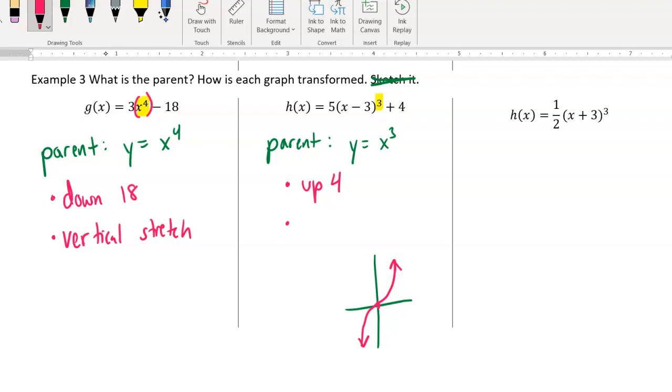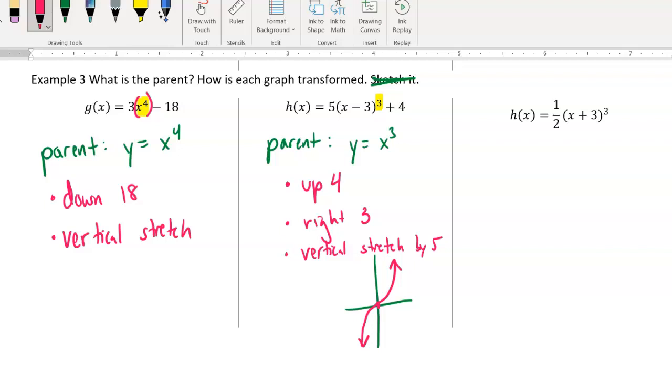Even though your brain wants to think that minus 3 goes to the left 3, it actually goes to the right 3 units. So it's going to go to the right 3, up 4, and the 5 is going to be a vertical stretch because that 5 is bigger than 1. Those would be the 3 things that are transforming that graph.